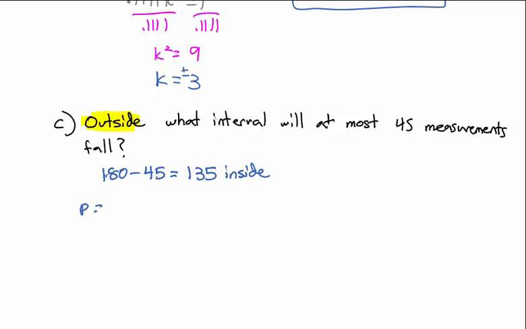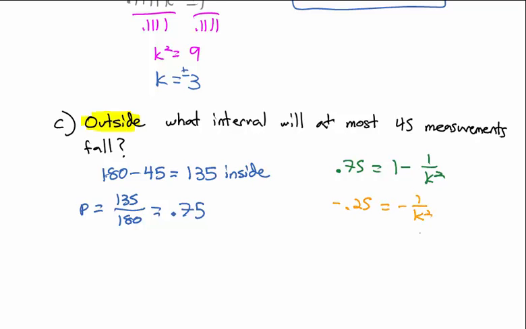So for our proportion, we're going to do 135 out of 180. 135 out of 180 is 0.75. So our proportion 0.75 is equal to 1 minus 1 over k squared. Subtract 1, we get negative 0.25 equals negative 1 over k squared.